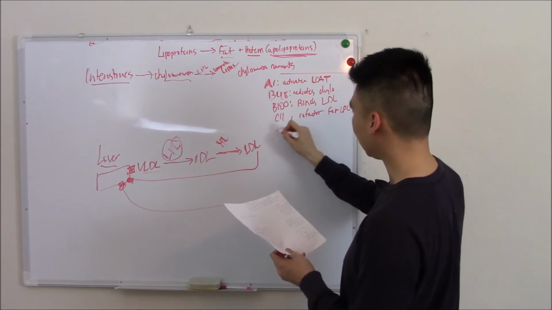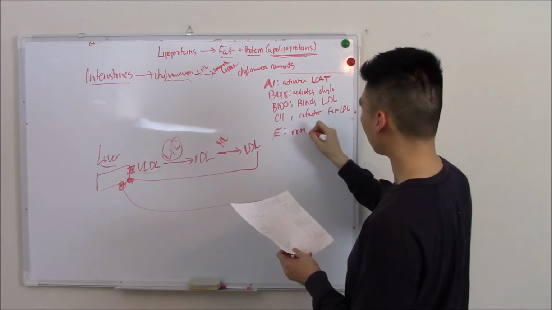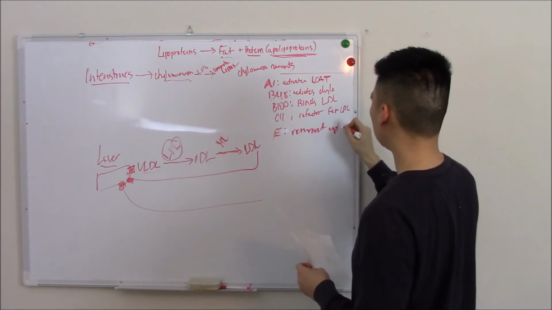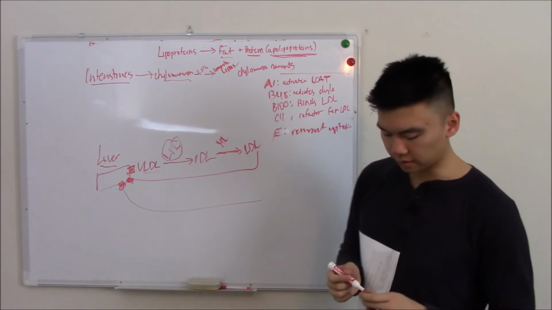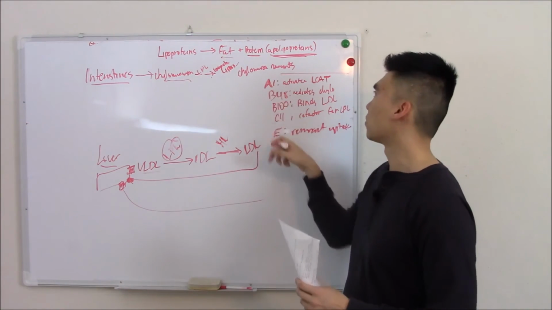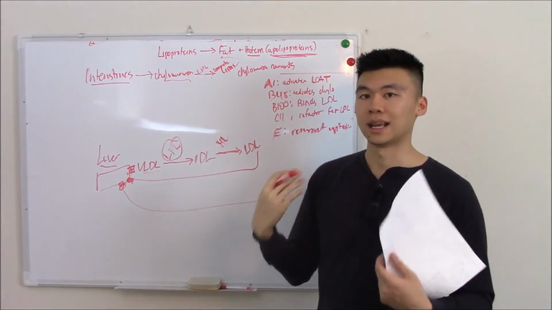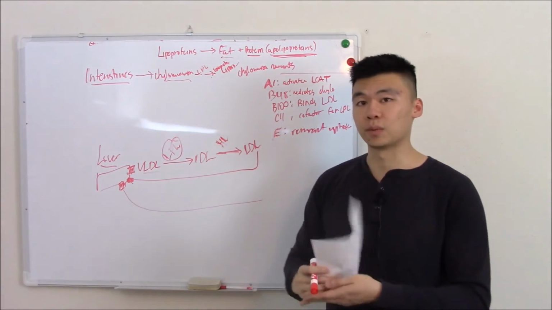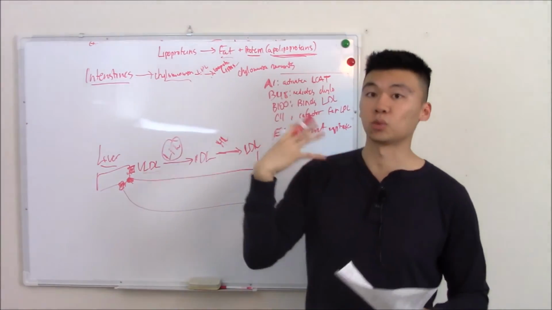And then E is your remnant uptake. So if you're looking for a state, they'll talk about chylomicrons, and which apolipoprotein it has, talk about LDLs, which proteins it has, HDLs, and they can be difficult to remember, but if you understand the physiology of it, you should be able to reason some of it.